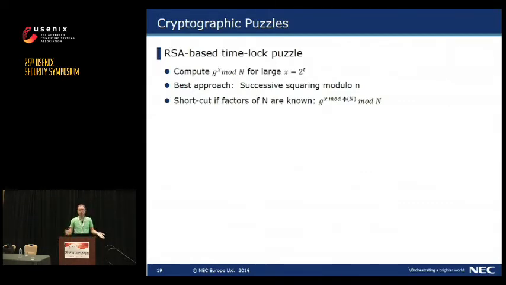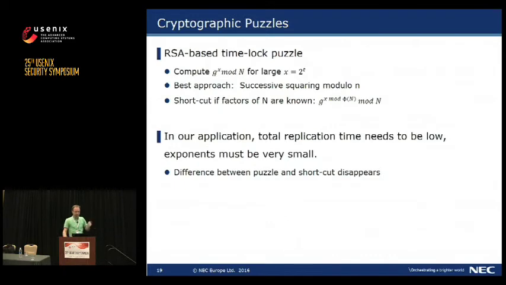But if you know the factors of n, you of course have a shortcut, because you can apply modulo phi of n in the exponent, and then just have a standard exponentiation with a kind of 2000-bit exponent, while x could be much larger.